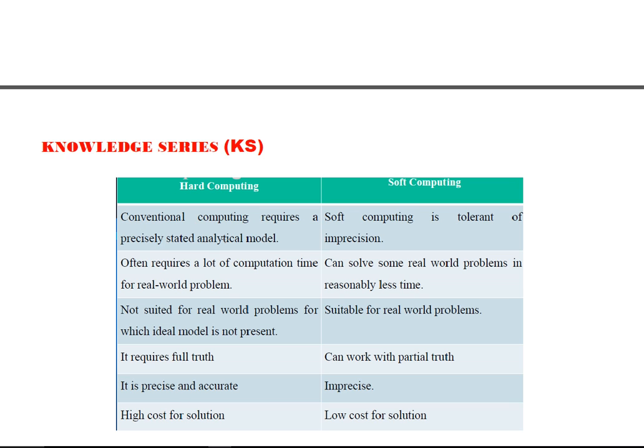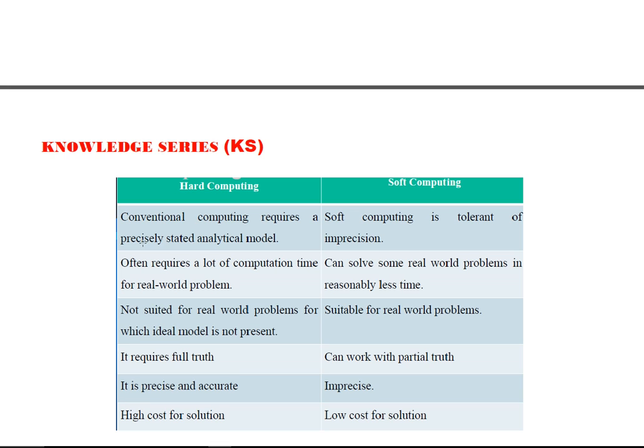So in the precise state and analytical model, what exactly does it mean? It indicates that in the case of an analytical model, you have to be very sure that that particular model has a numerical value and is very accurate in nature. So that talks about accuracy, this point, and it talks about numerical values. Whereas soft computing talks about imprecision.